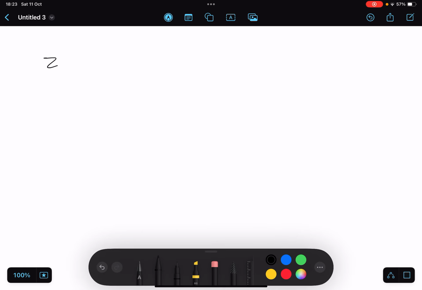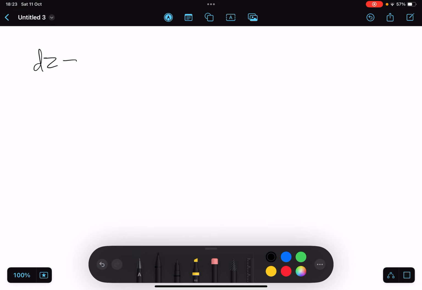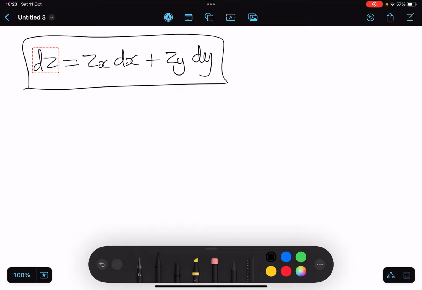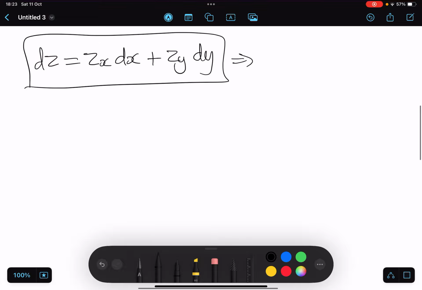Okay, let me continue. So I was saying dz can be the same as zx dx plus zy dy, if you choose to use this notation. So this is the same as the total derivative.